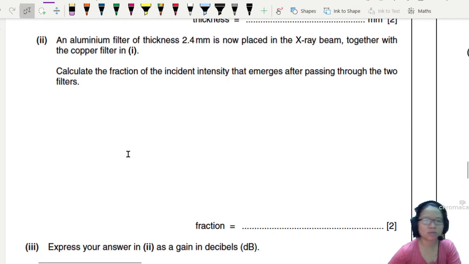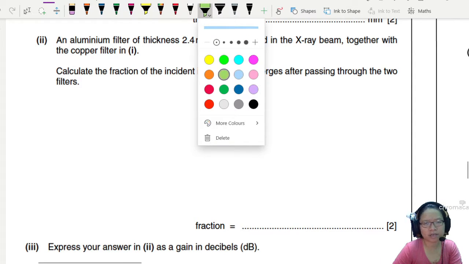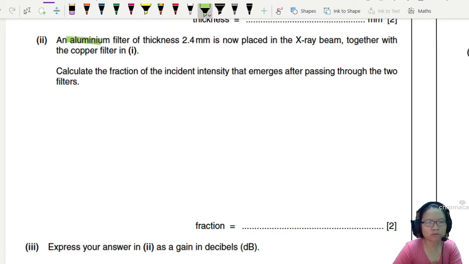All right, now we have an aluminium filter, a new filter, and our aluminium filter has a thickness of 2.4 mm. It is now placed in the X-ray beam together with the copper filter. Basically, we now combine two filters.